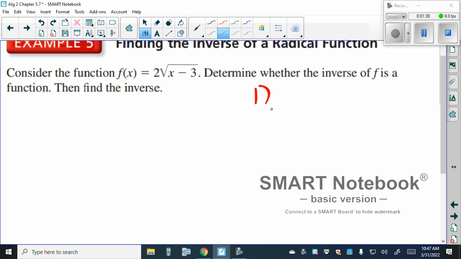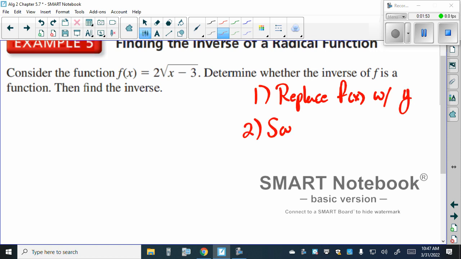Okay, now we're going to find it. Our first main step is to replace f of x with y. Our second main step is to switch x and y. Our third step is to solve for y.